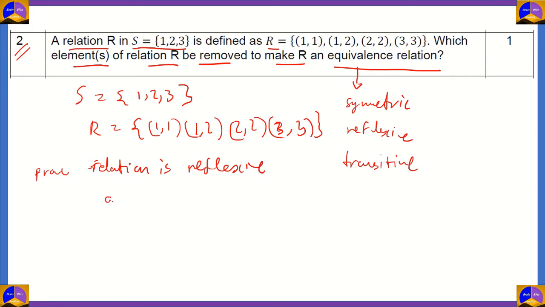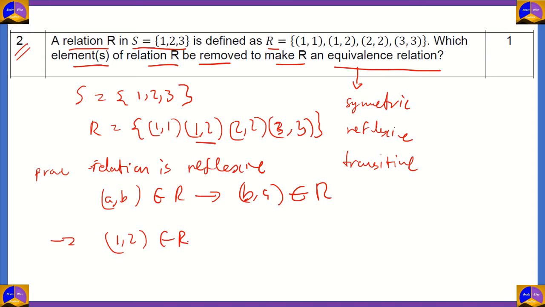The condition for a relation being reflexive is that (a, b) belongs to R implies that (b, a) must belong to R. Now if we take the case of (1, 2), you can see that (1, 2) belongs to R, but the element (2, 1) does not belong to R. So therefore, because of this term (1, 2), we cannot prove that this relation is reflexive.